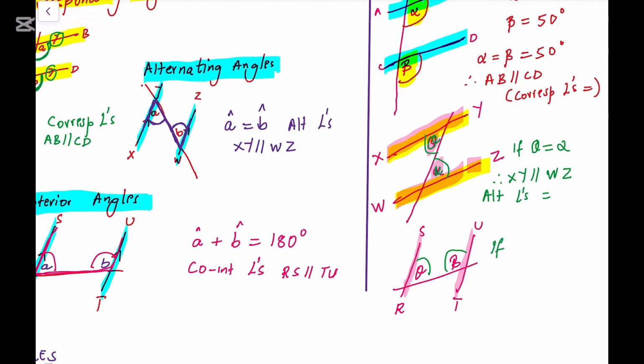You will calculate this angle using other theorems. You'll also calculate this angle using other theorems, and if the sum of the two angles gives you 180, you can then conclude and say, therefore, line RS is parallel to line TU. Why? Because co-interior angles add up to 180 degrees.